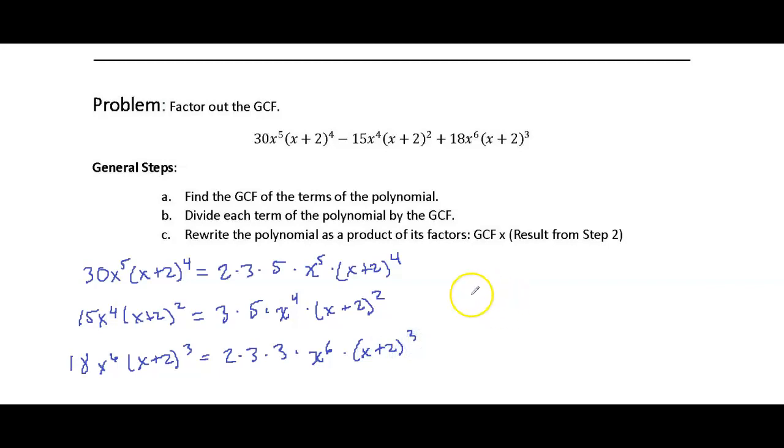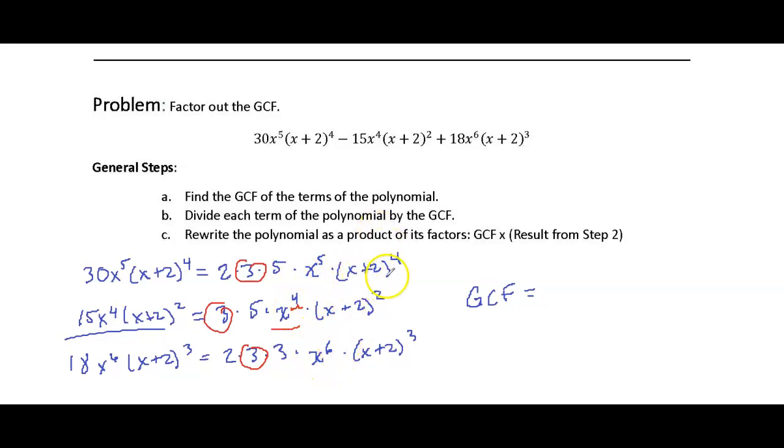So the GCF is going to be the product of the common factors. There is no 2 in the second term, so 2 will not be part of the GCF. There is a 3 in each term, so we can include a 3. And it looks like an x to the fourth will be included as well. That's the smallest power for the x factor.